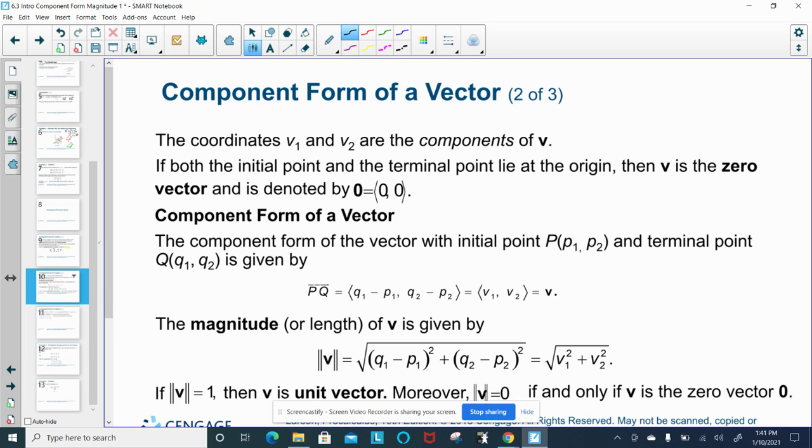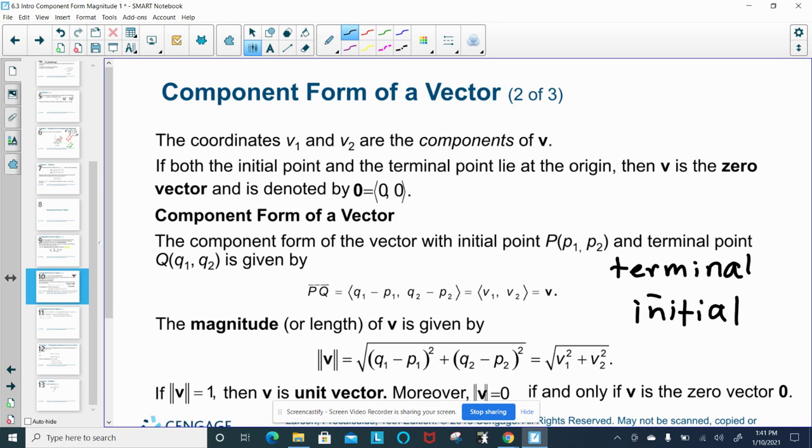So the coordinates, they call them v sub 1 and v sub 2, are the components of v. And if the initial point and the terminal point lie at the origin, then the vector really doesn't go anywhere. And that's the 0 vector. And we can denote that by 0, 0 in the pointy brackets. So the component form of the vector, and I'll show you guys this in class, but what's very easy to remember is the component form is terminal minus initial.